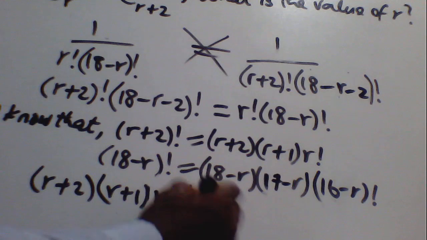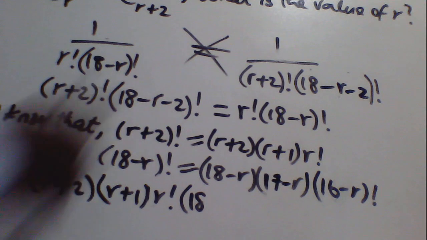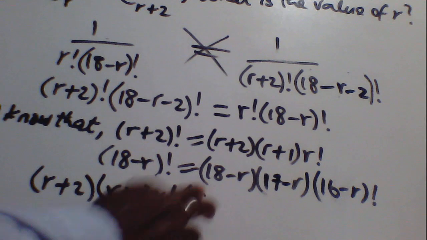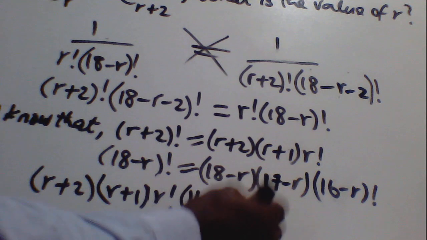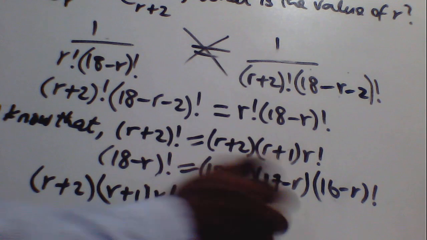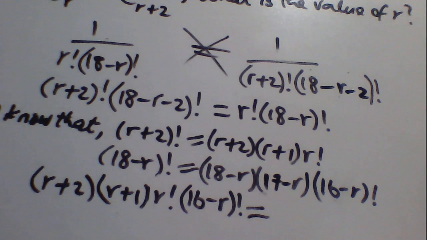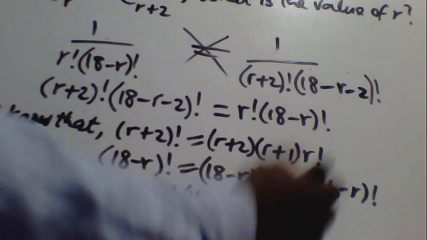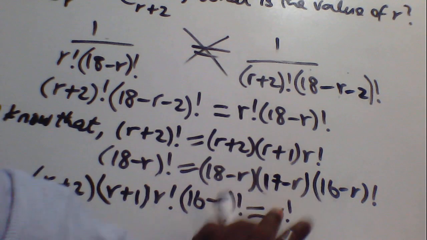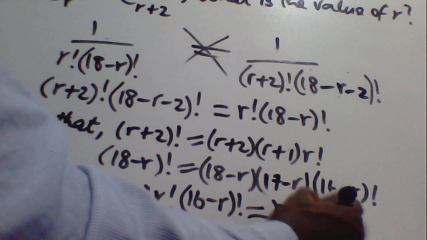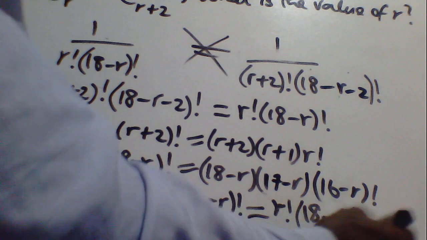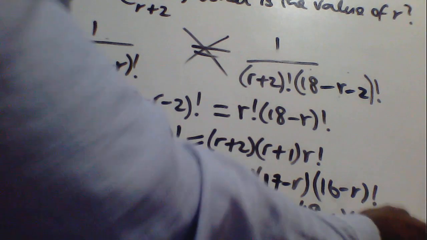Understand that 18 minus 2 will give us 16. So here we write (16 minus R) factorial is equal to R factorial times (18 minus R) times (17 minus R) times (16 minus R) factorial.